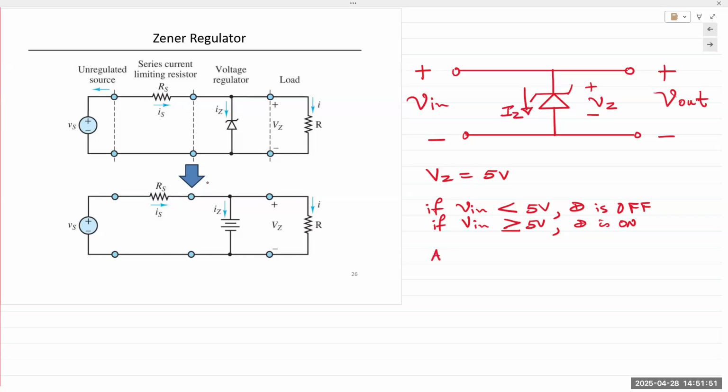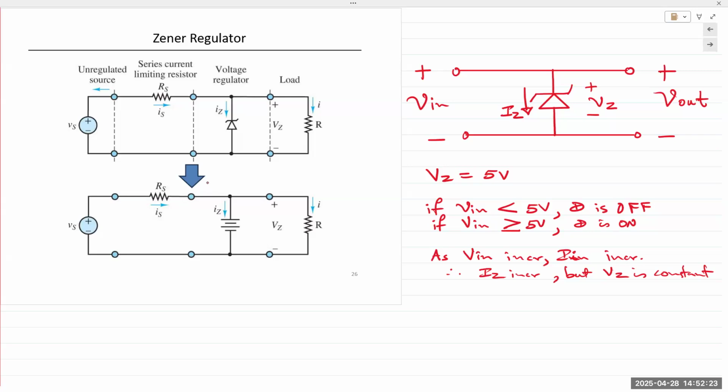So as V in increases, I in, the input current, also increases. Therefore, IZ increases, but VZ remains constant.